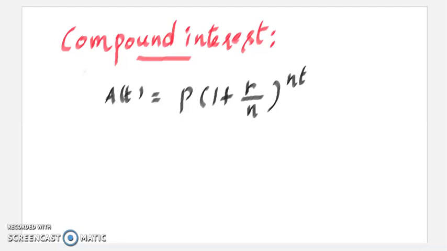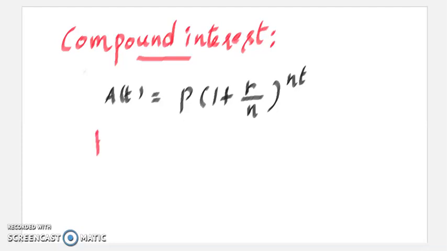To find compound interest, we have the formula A of t is equal to P into (1 plus R by N) whole power Nt.